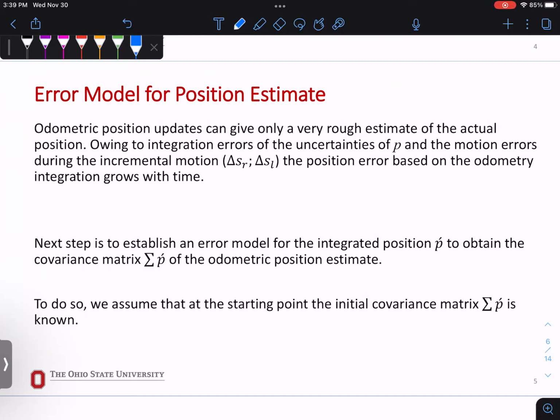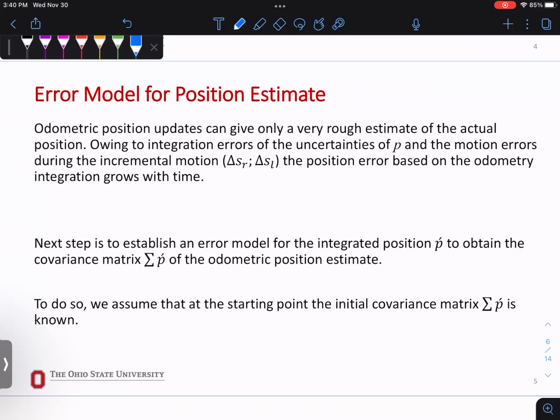Even your best estimate is going to be a rough estimate, because when you're using a model, you're not assuming any friction, any wheel slippage, any interaction between wheel and environment or wheel with the car itself. So you're forgetting everything. You're just looking at your model. So you're going to have an error. Your best estimate is not going to be very accurate. Now, if we can create that model and drive that error to zero or minimize it, then we will be close to reality. All right.